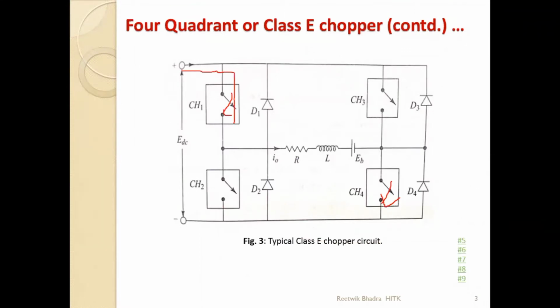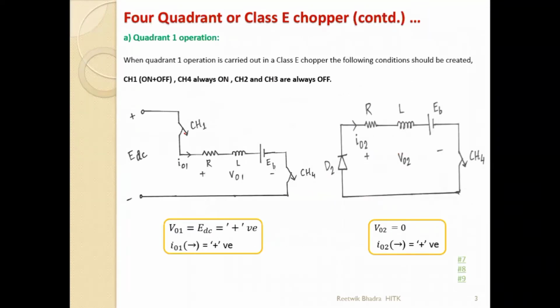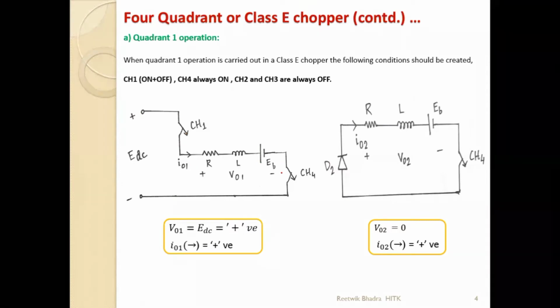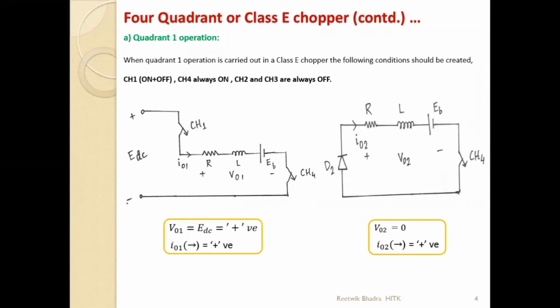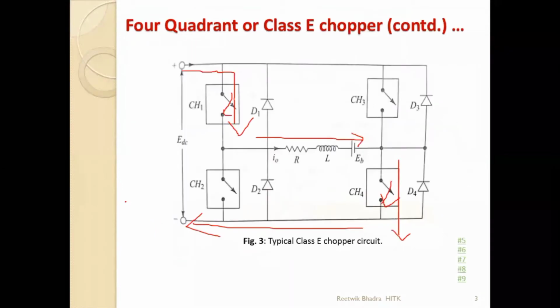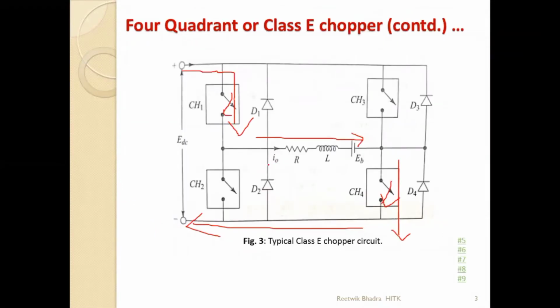So current will flow in this direction and come back to negative. So this part of the circuit remains when CH1 is on and CH4 is on. If you recall the previous figure, see, I0 is entering my load.